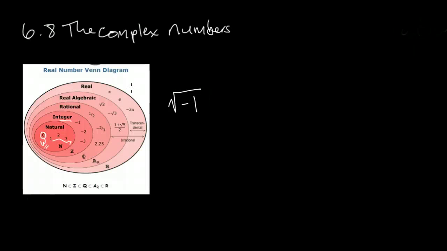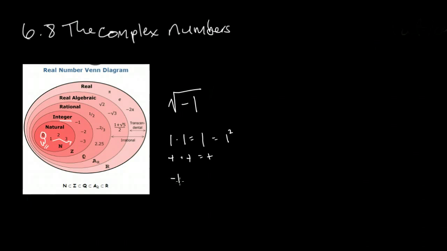You see, if I were to take 1 times 1, that would give me a positive number, and that's true of any number, right? A positive times a positive is a positive number. Well, what happens when I square a negative number?